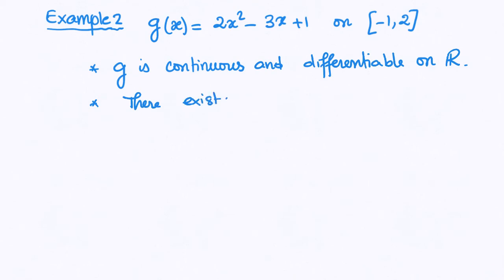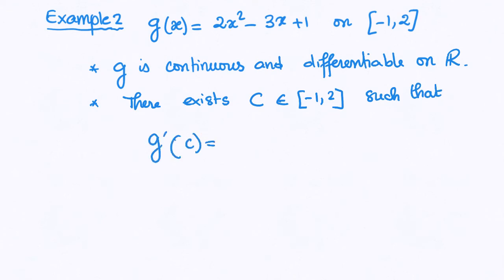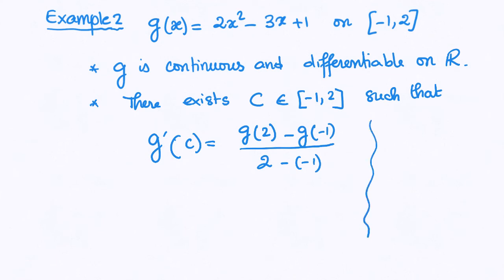exists a c in the interval (-1, 2), such that g dash at c is going to be g of 2 minus g of minus 1 over 2 minus 1. So in this particular case, g of 2 is equal to 3. We can calculate it easily. g of minus 1 is equal to 6.